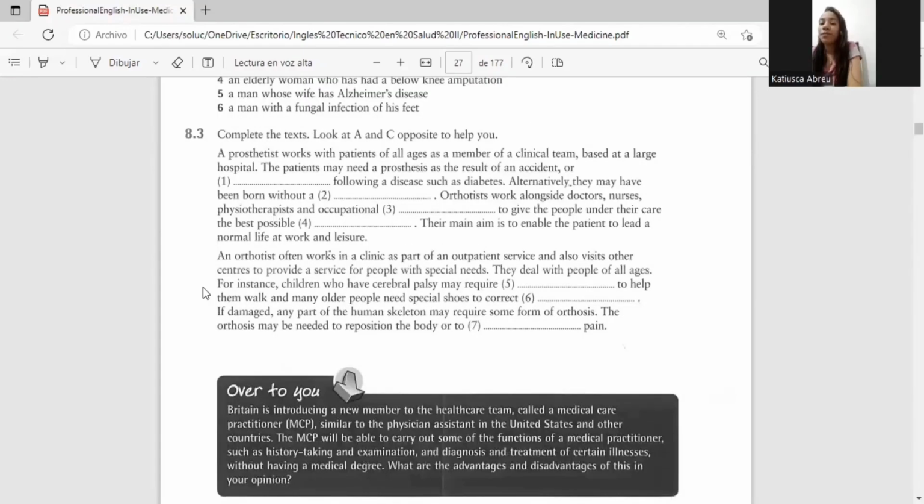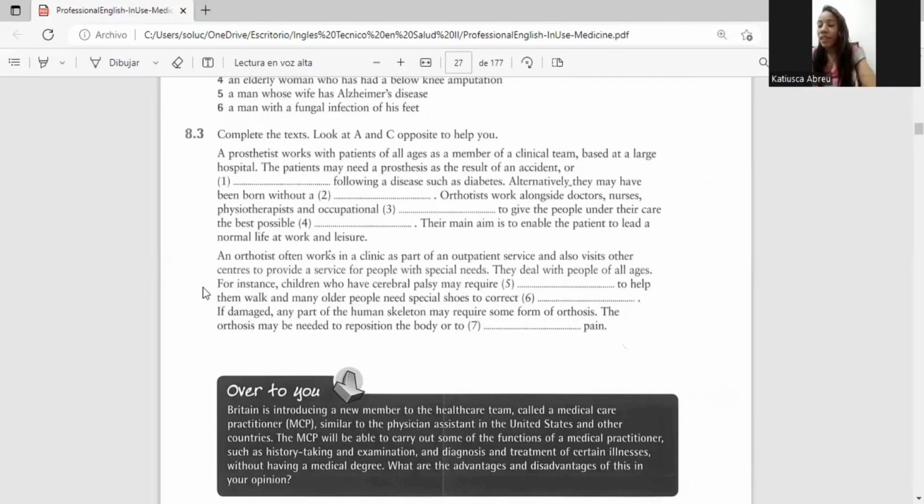Exercise 3. Complete the text. A prosthetist works with patients of all ages as a member of a clinical team based at a large hospital.